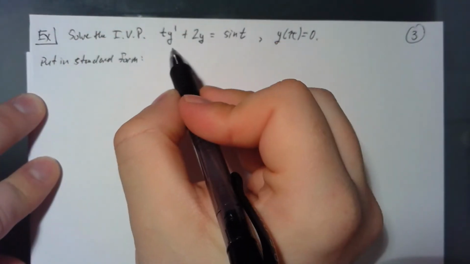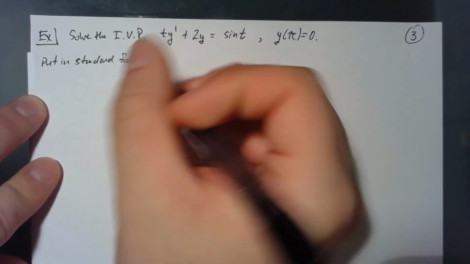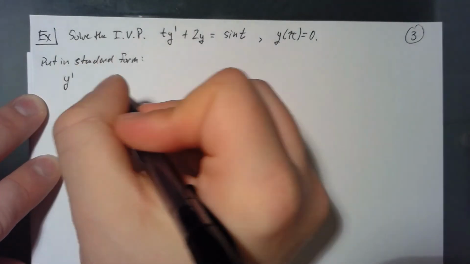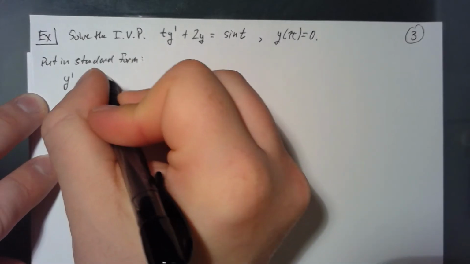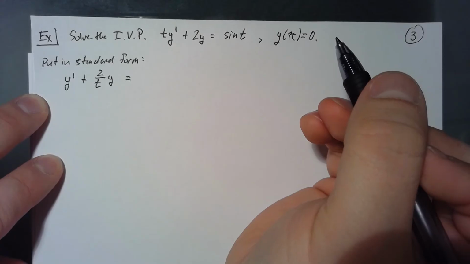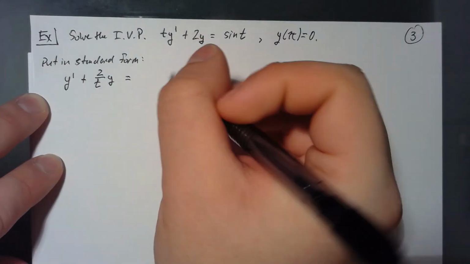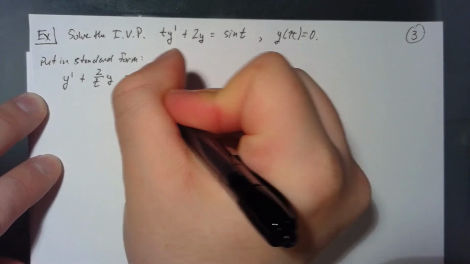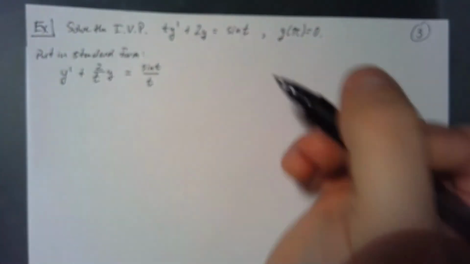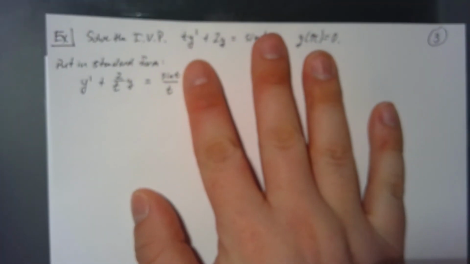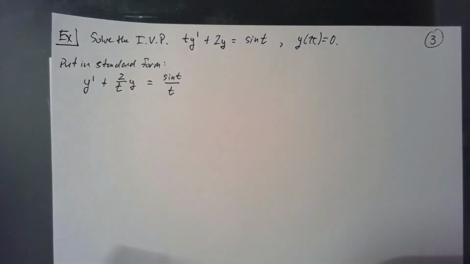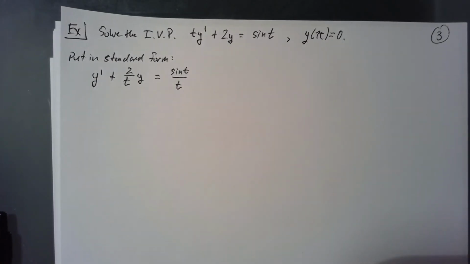So when I divide through this whole differential equation by t, I get y prime plus 2 over t times y equals sine of t over t. So that's in standard form, right? Okay, all right, so now that it's in standard form, I have to find my integrating factor.